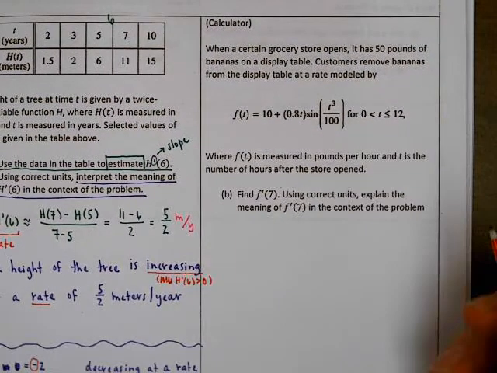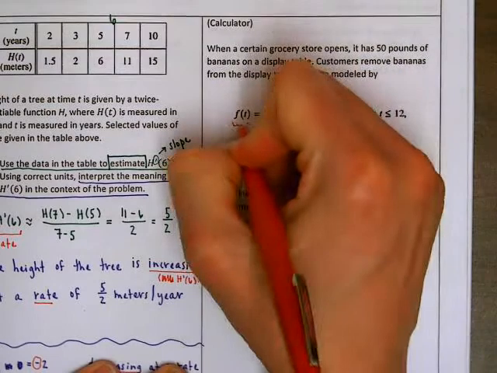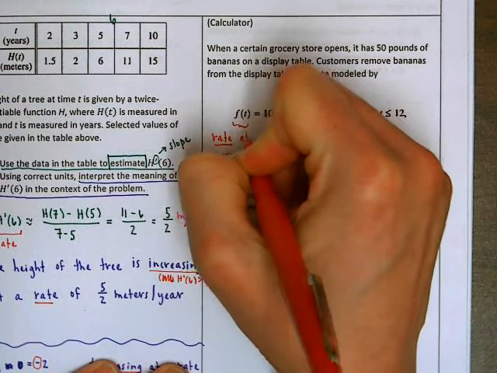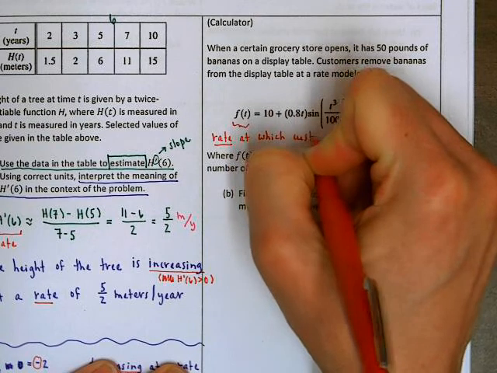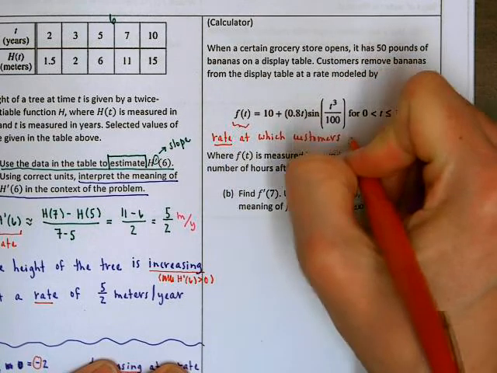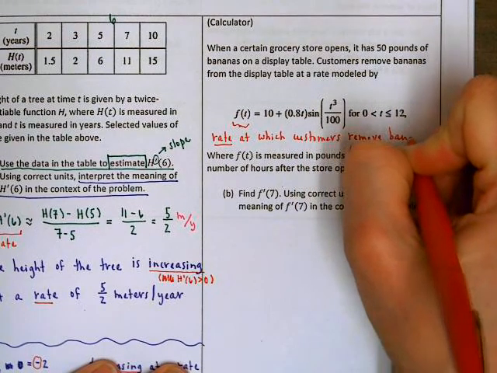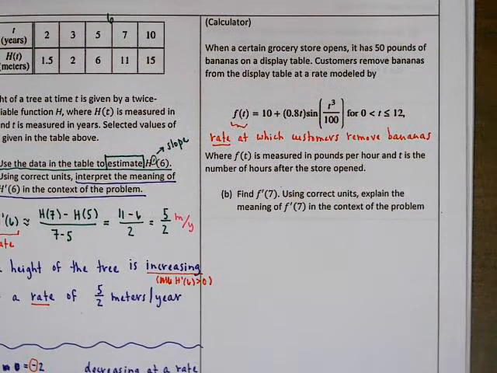So I'm going to make myself a note. This function is the rate at which customers remove bananas. So it's not the number being removed, but it's the rate at which they remove them.